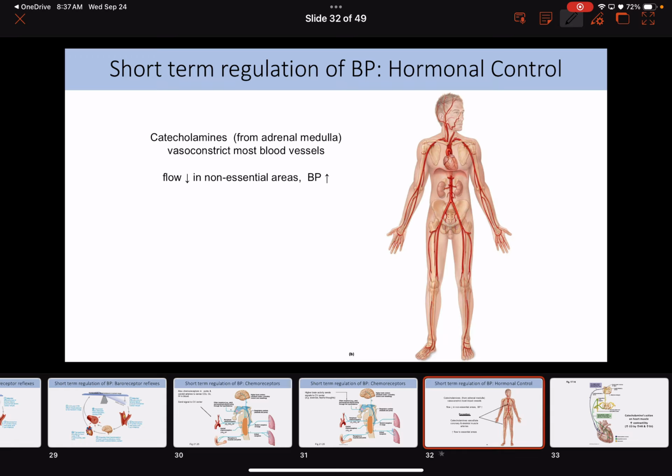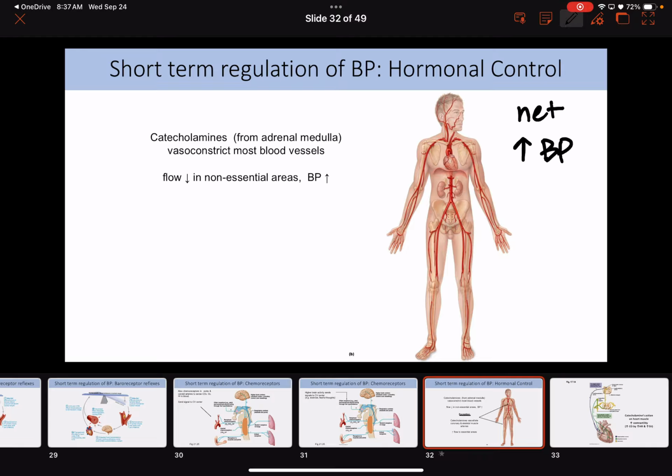All right. We also have some hormonal control as well. Catecholamines from your adrenal medulla are going to vasoconstrict most vessels in order to decrease flow in these non-essential areas, like your skin, your digestive organs, and your kidneys. And so constricting most of these vessels body-wide is going to increase your pressure overall. So overall, we'll have a net increase in blood pressure.